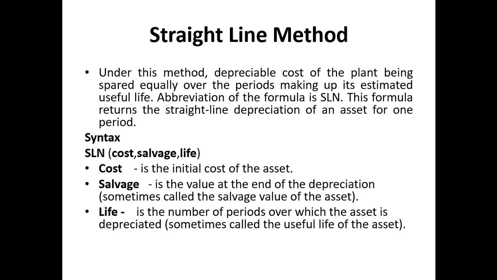Under this method, the depreciable cost of the plant is spread equally over the period making up its estimated useful life. In a simple word, the same amount of depreciation is charged over the useful life. So the depreciation amount does not change from period to period. The same depreciation amount will continue from period 1 up until the end of the useful life, and that is what the straight line method will do.